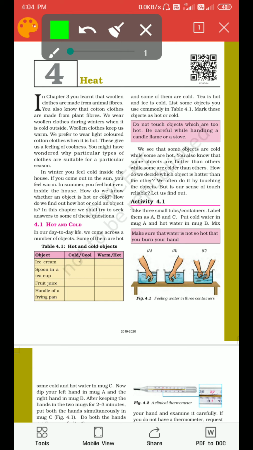Here again I have included one more term, that is temperature. So let me introduce you to that. What is temperature?